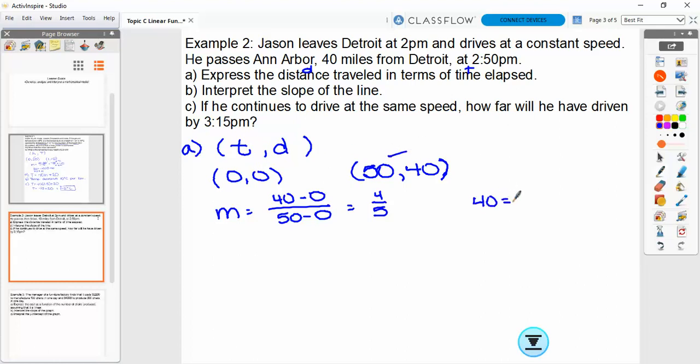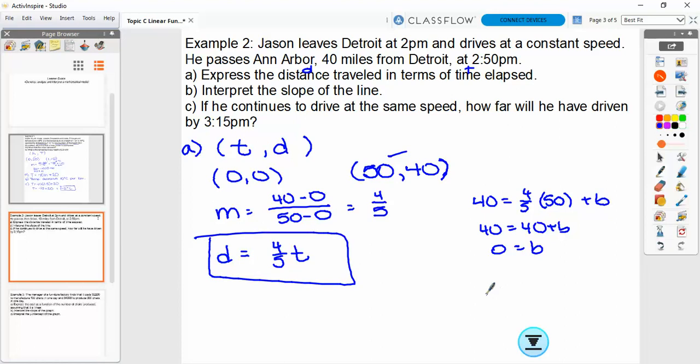Even if I did this one, my y is 40, my slope is 4/5 times x plus b, and we get b equals 0. So the y-intercept is just 0. So our equation: y, which is distance, equals slope times x, which I use t for. So distance is 4/5 t.